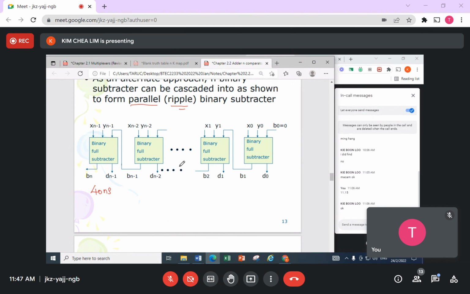You will only get the accurate result after some delay. The delay here depends on how many bits you are going to subtract, and the reaction time for the 1 bit of the subtractor. These are subtractors. All right, so next.